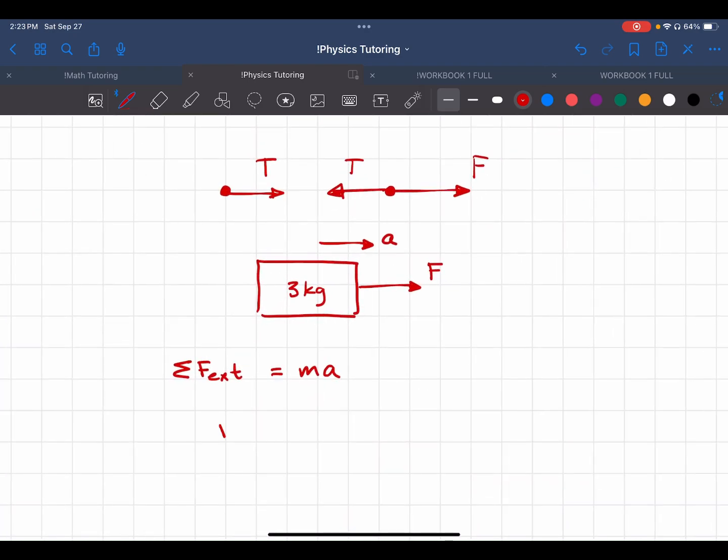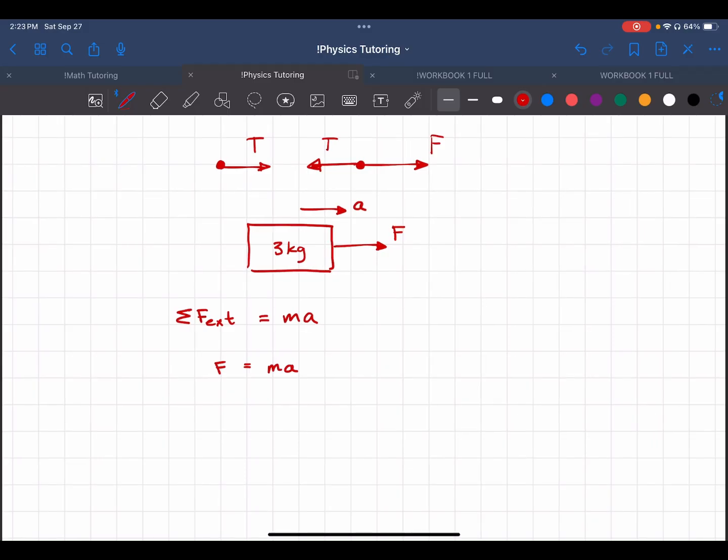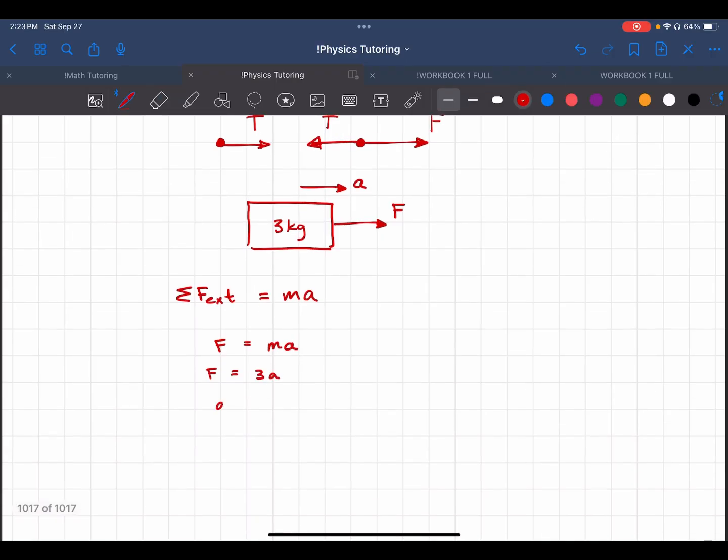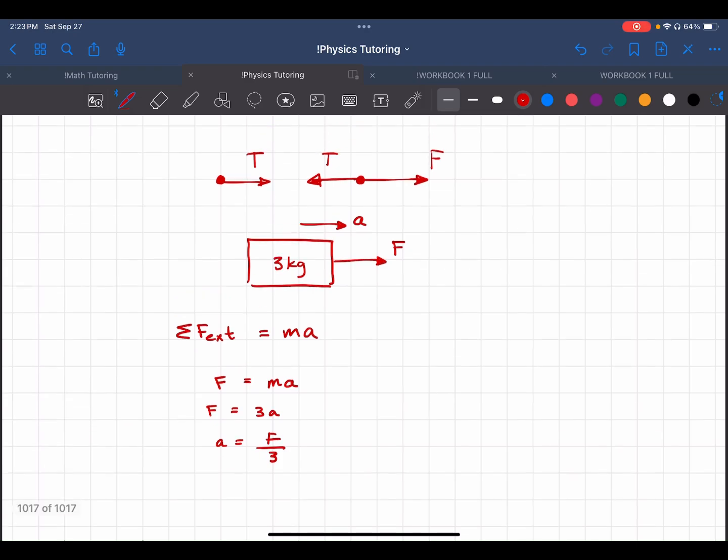The only force I have is F, and the total mass for this problem is 3, times A. So A is just F divided by 3. It's just a ratio of whatever F is and the masses.